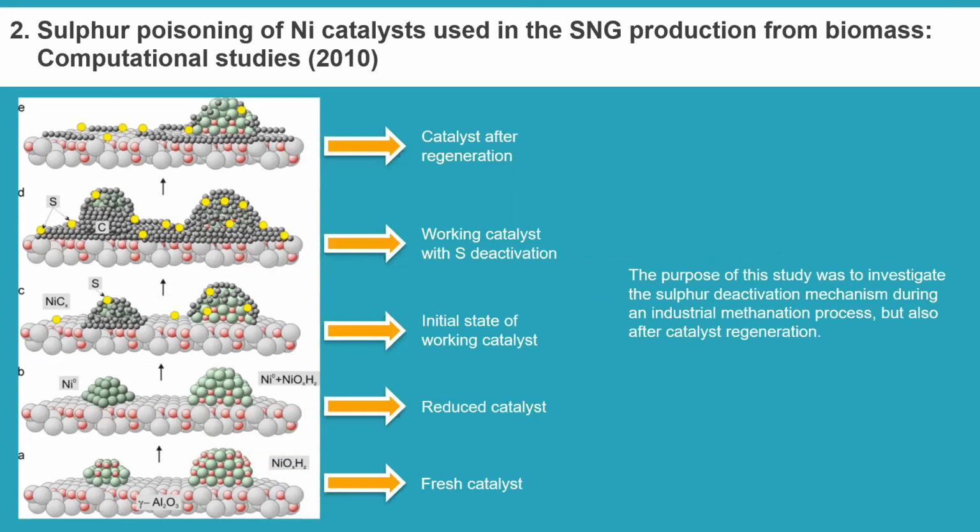A possible mechanism of the surface process occurring during the methanation is shown in this figure, including the base catalyst, the reduced catalyst, the initial state of the working catalyst with carbon whisker, as well as sulfur deactivation and the catalyst after regeneration, with remaining carbon and sulfur poison. However, part of the stable sulfur carbon compounds stay at the support and lead to a repoisoning of the recovered nickel surface of the regenerated catalyst.